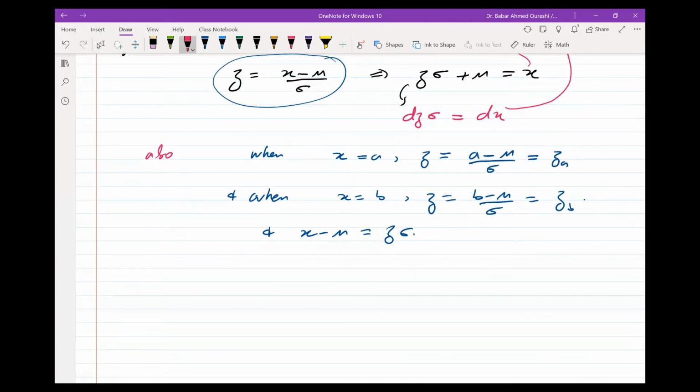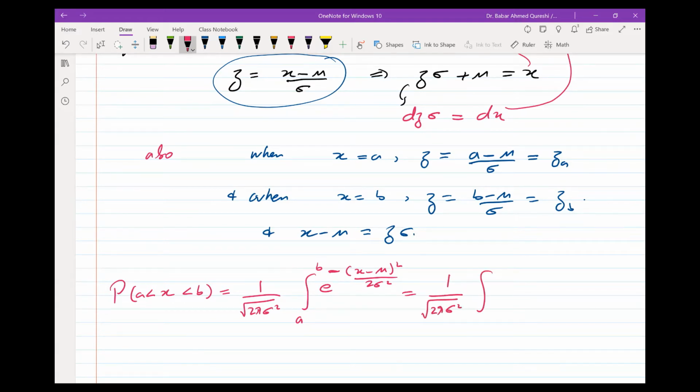So when I replace all this, I'm writing this original formula for probabilities, that x is between a and b. That integral changes. I can write the same integral by using this substitution. This was the integral. It becomes the integral from za to zb of e to the minus z square over 2, because x minus mu becomes z sigma.